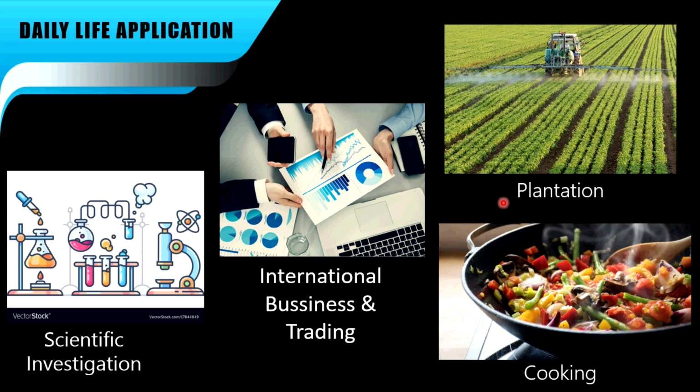In plantation, if you want to sell crops, we look at the mass, and 1 kg in Malaysia will be the same as 1 kg in Japan, the same as 1 kg in USA. In scientific investigation, let's say scientists discover the smallest creature on earth, they can exchange the information, and other scientists from other parts of the world can visualize how small that creature is by looking at the numerical value and the standard unit.